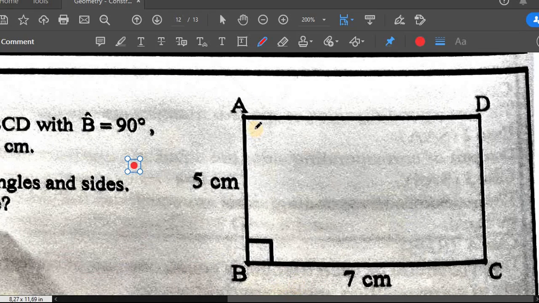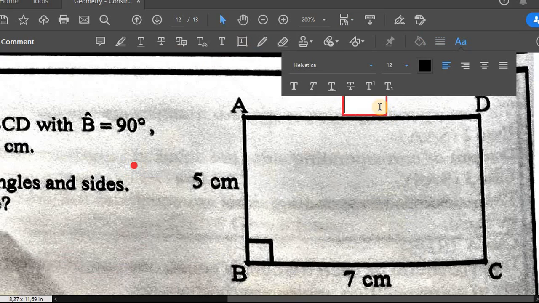Okay, so when you draw this, they ask you to measure all the sides. So you would have measured this side, and you would have realized that this side here is equal to 7 centimeters. Let me put centimeters in small caps.